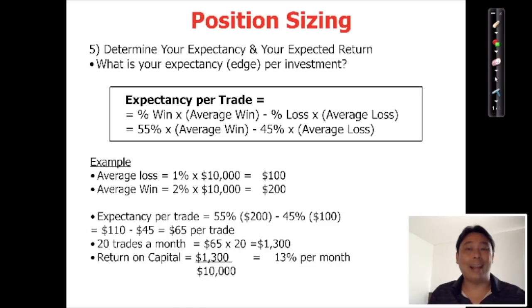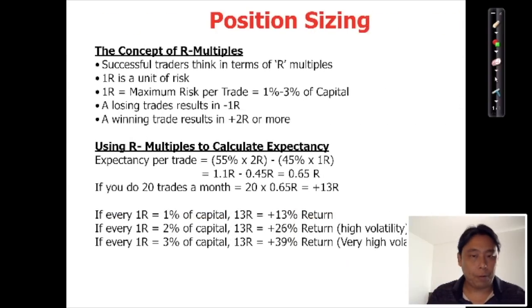And if you have $10,000 in capital, $1,300 out of $10,000 would amount to a 13% return in capital a month, which if you compound 13% a month in a year, it's phenomenal. And this is based on a 55% win rate, okay? At a 1 to 2 risk to return ratio, okay?